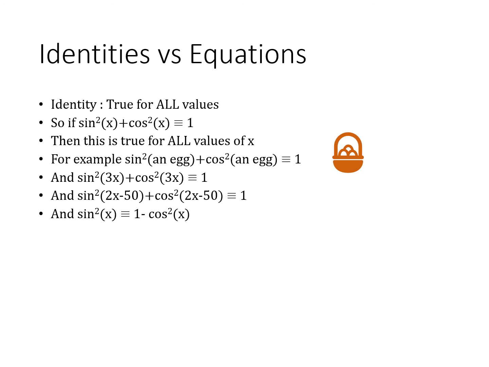And we can make a similar identity for cos squared x by rearranging that first identity. However, if the things in the brackets are not the same, in this case we've got x plus 20 in the first bracket and x plus 21 in the second bracket, it's no longer equal to 1. It's not identically the same as 1.